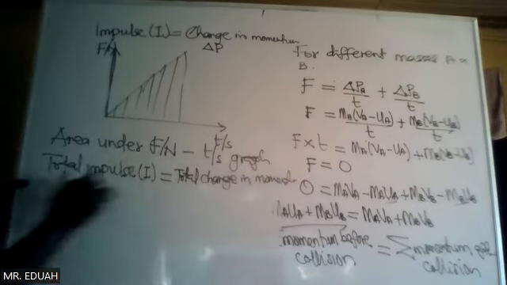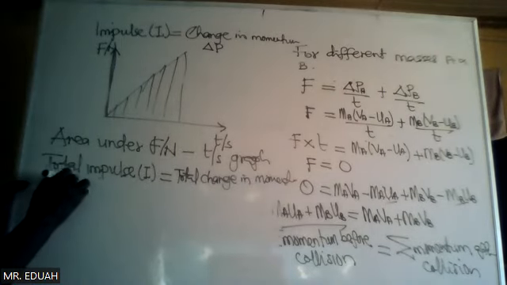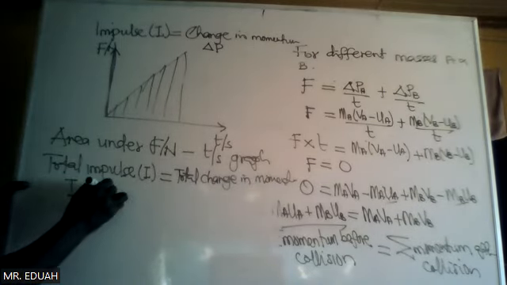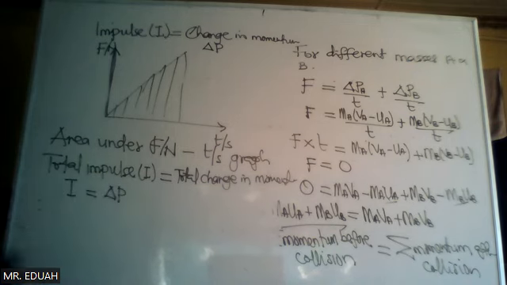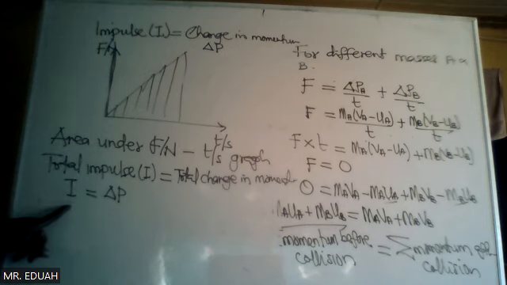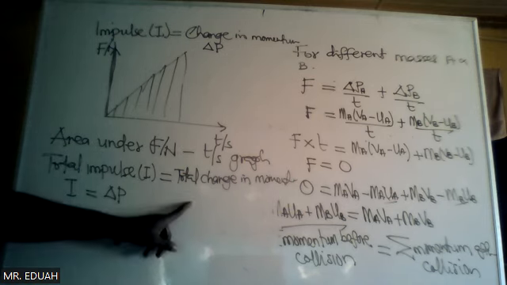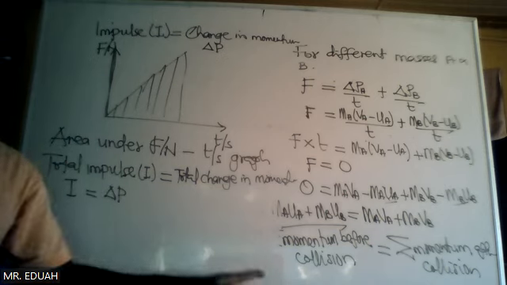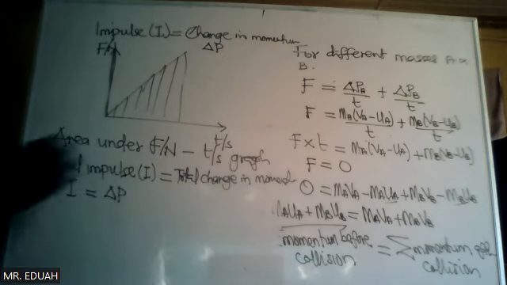And this is because we earlier saw that I is equal to delta P. So the area under the graph is equal to the total impulse, which is also equal to the total change in momentum.